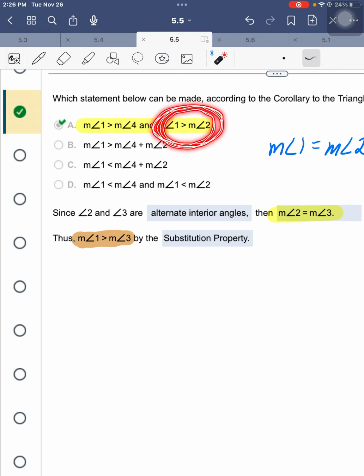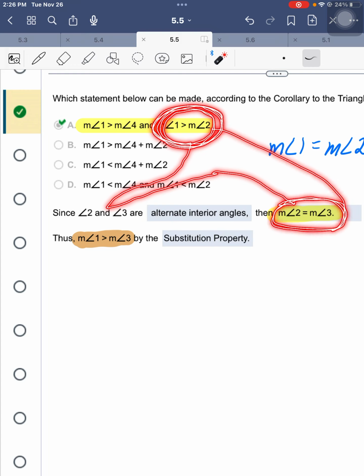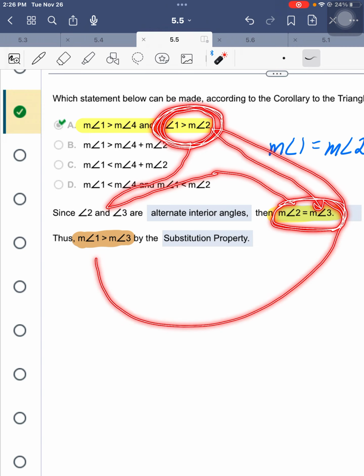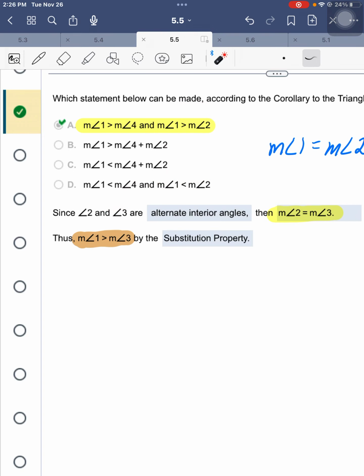If I start at measure of angle 1 is greater than measure of angle 2, and then I know that 2 and 3 are alternate interiors, therefore 2 and 3 have the same exact measurement, can I just substitute this 2 for this 3 to then give me this answer? I can, and I did, and that's why the answer is correct.